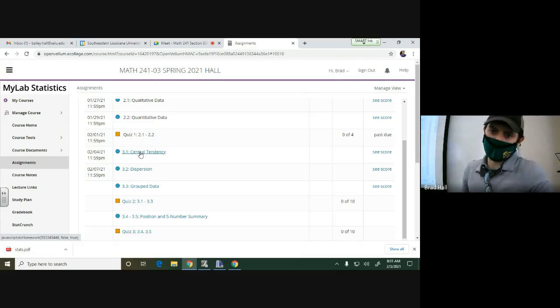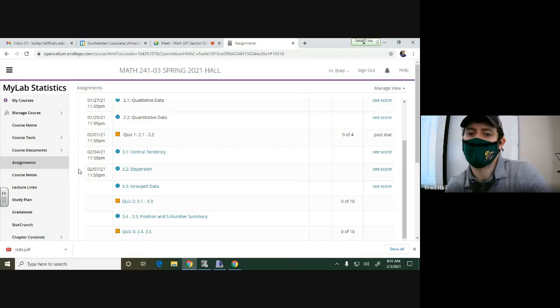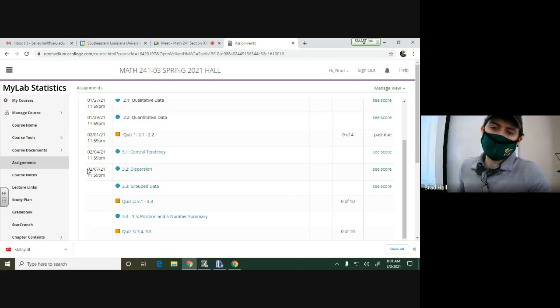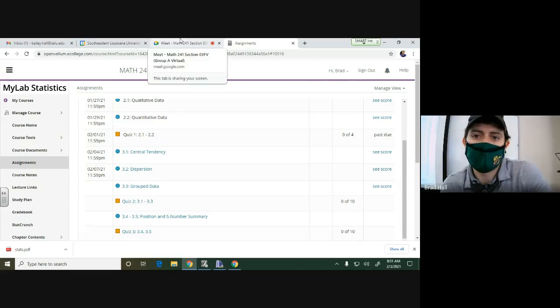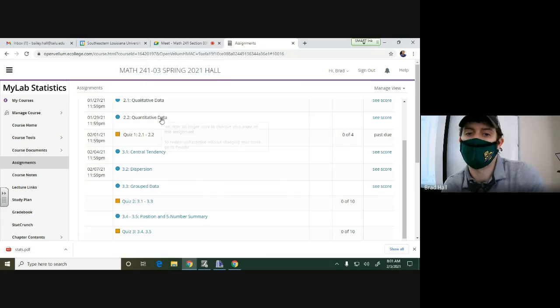So some of those might be a little bit more engaged than previous homework, so you have an extra day. Dispersion, I also have it set for Sunday as well. So the section on dispersion is due Sunday. And really that's it in terms of due dates. So those are the next two to be aware of.